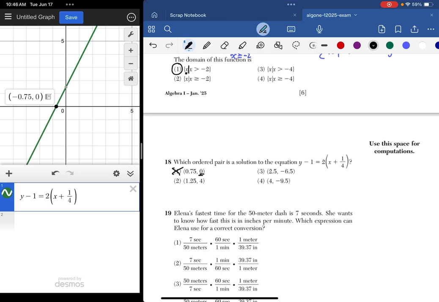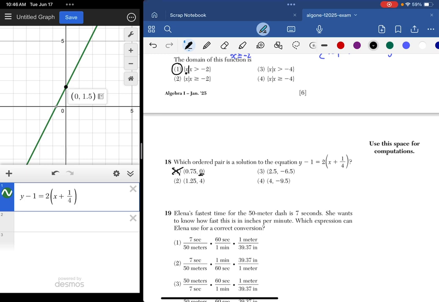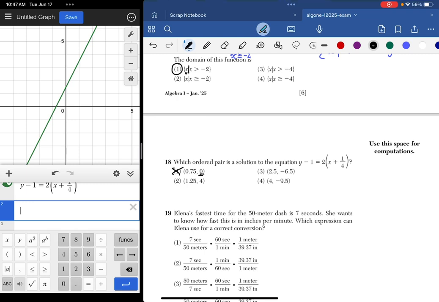So then I'll look at choice 2, and maybe the y-intercept, but no answer has an x value of 0, so that wouldn't really work anyway. But I'll try the 1.25, comma 4. It falls on the line. What more can you ask for? That's what they're looking for.